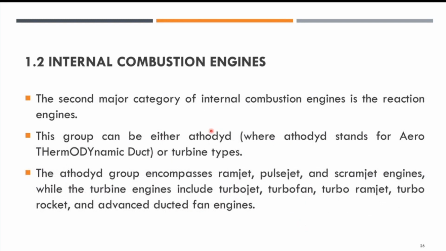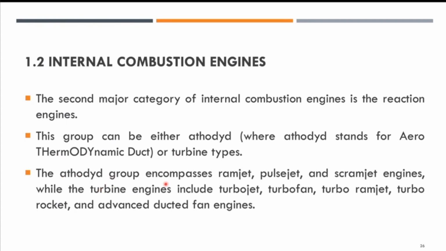The second major category in the internal combustion engine is the reaction engine. In the reaction engine, it's also named with an acronym, ATODID, which stands for Aero Thermodynamic Duct, the aerothermodynamic duct ATODID type of engine, or turbine type.